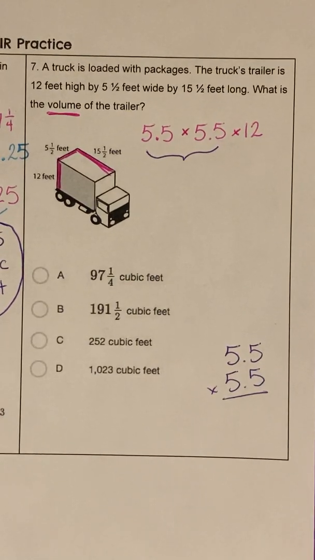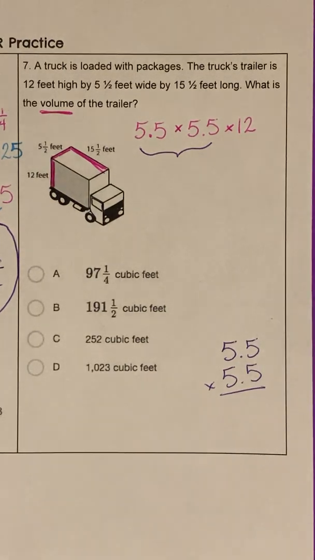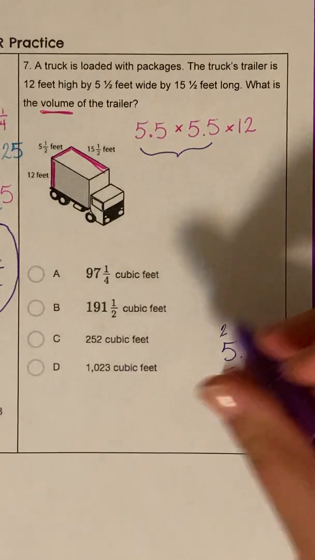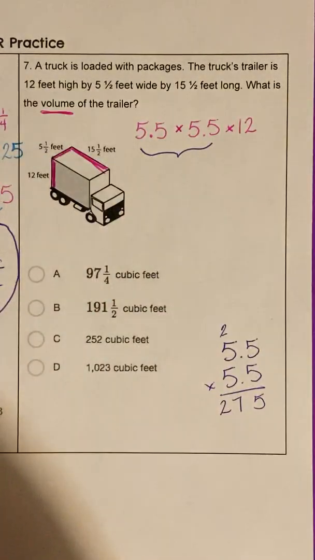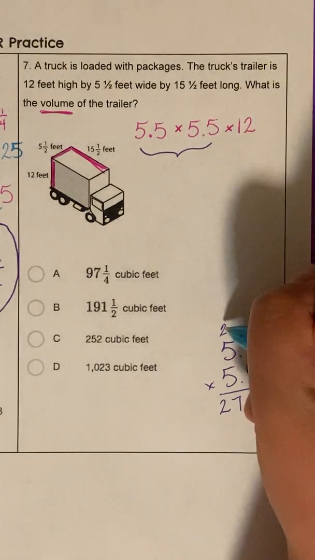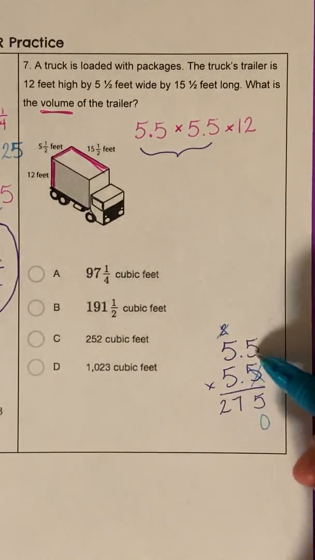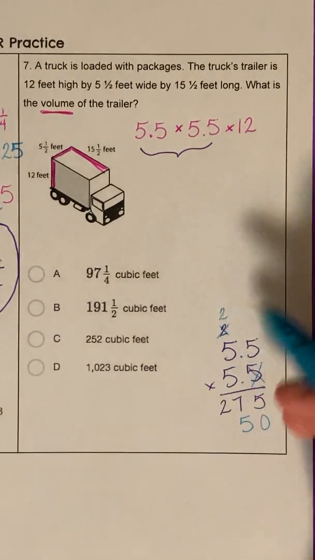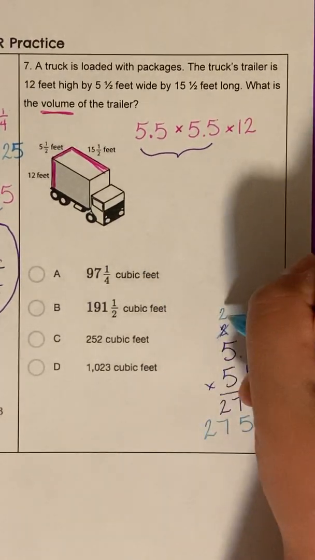Now, we are going to do 5 times 5, 25, plus 2 is 27. Done with the 5, so we need just one placeholder. And we're done with this remainder. 5 times 5, 25, plus 2, 27. Would you look at that?